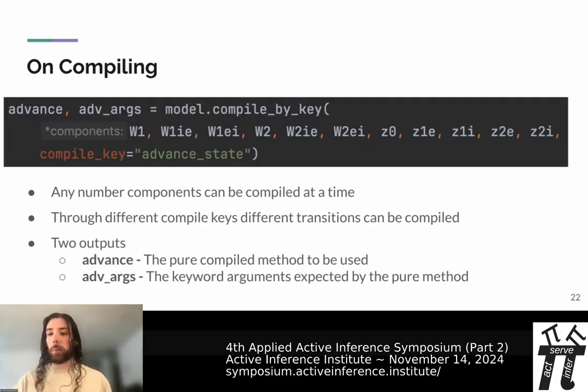And what this means is that we don't actually have to have every transition defined for every component. For example, when we're updating weight matrices, we tend to call it evolving them, right? They're changing in time, they're evolving. We don't evolve neurons. It doesn't make sense in the context of most models.